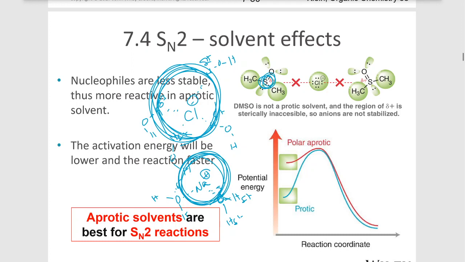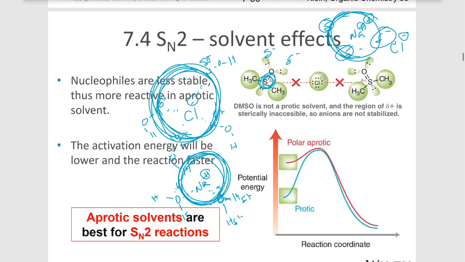Let's say we dissolve sodium chloride in here again. We've got this negative end up here, because it's polar, that can associate with the sodium. That's the partial negative of our solvent molecule. So we can form a solvent shell around the sodium, but not around the chloride. When this sodium chloride dissolves in the polar aprotic solvent, the sodium ion will be solvated by that solvent shell, and it will pull the chloride up into solution with it.